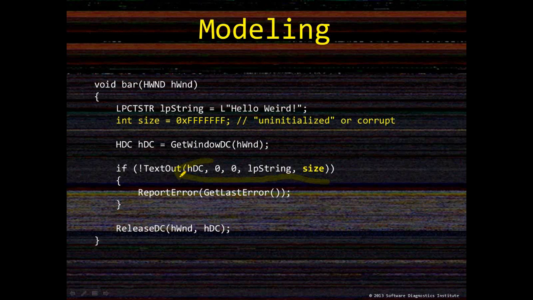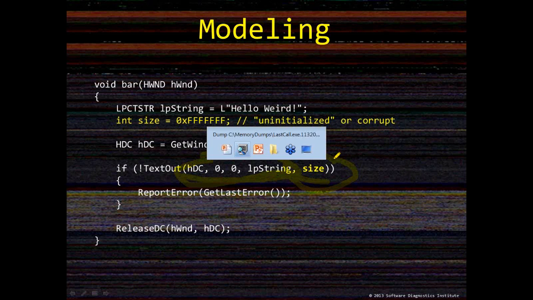The first 4 are passed through registers RCX, RDX, R8 and R9 on 64-bit platform, but the parameter we are interested in is the 5th parameter, and it is passed through stack. So let's go back to our disassembly.